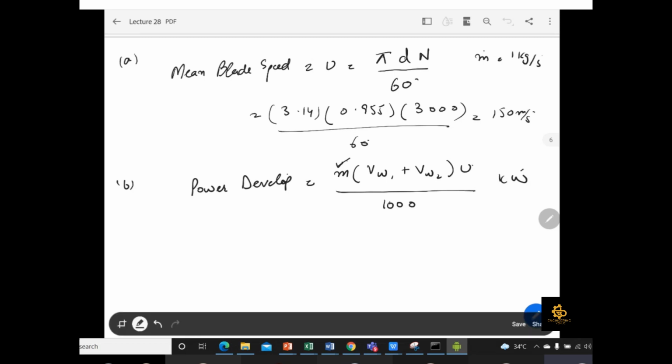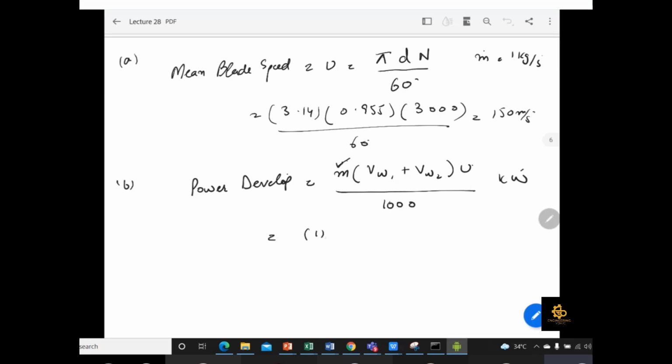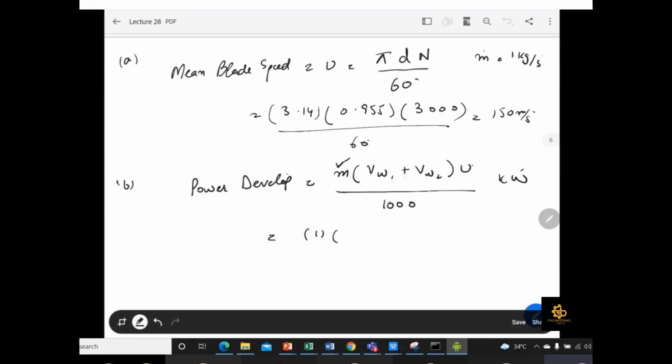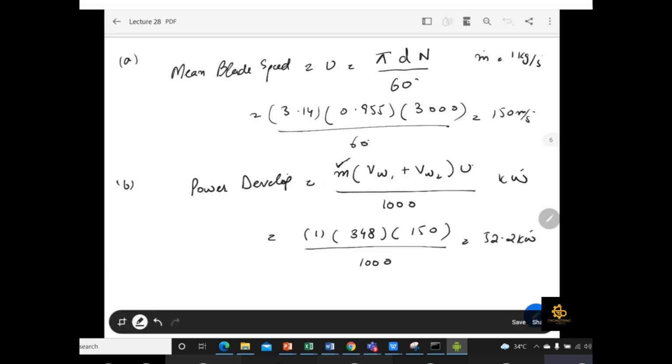Sometimes the problem statement mentions what value of mass flow rate you have to use, but here you can use 1 kg per second. So this value is 1. This whole VW1 plus VW2 is mentioned in the problem statement, that is 348. U we found in the previous step, 150, divided by 1000, so you will get 52.2 kilowatt. So this is a simple way to find the power value.